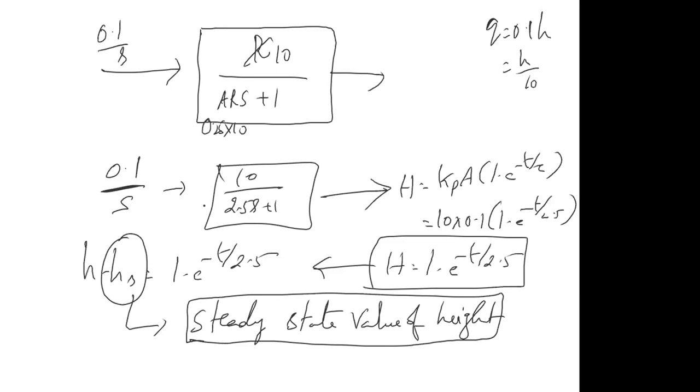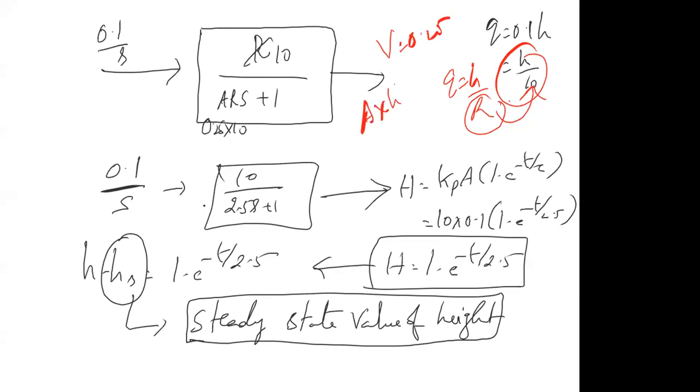Just compare this as Q equal to H by R. Then R equal to 10. A is 0.25 because the volume is 0.25. What is volume? Volume is nothing but cross sectional area into height of the tank, which is equal to 0.25.